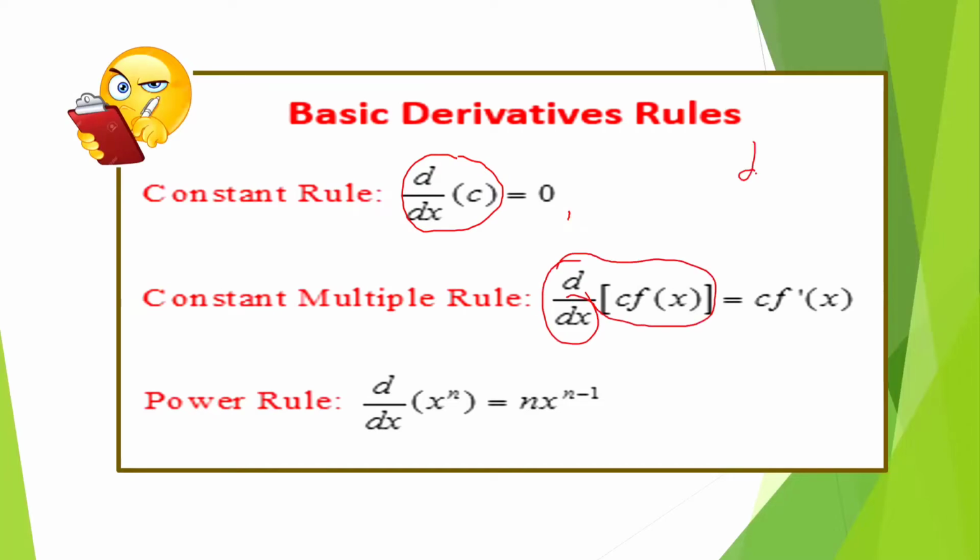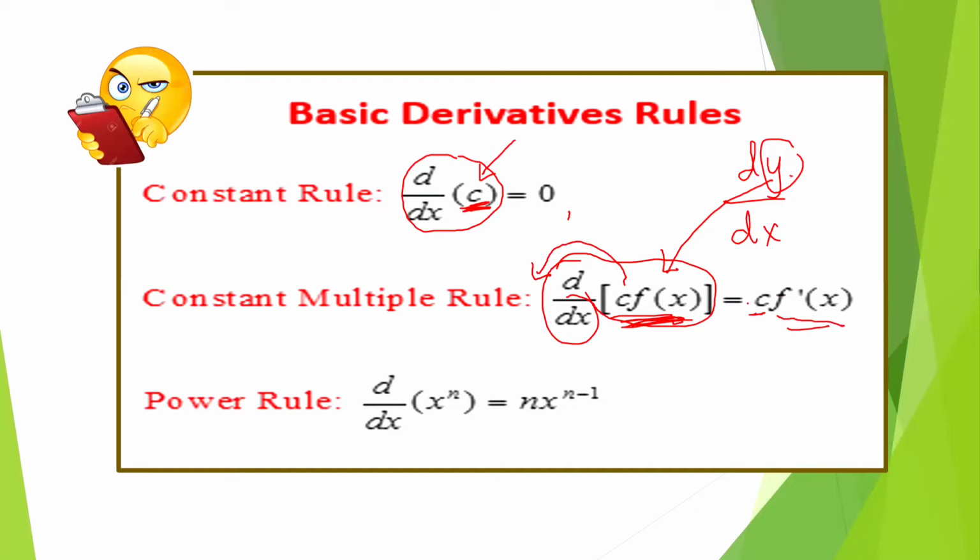Parang, di ba, instead of dy over dx, yung y natin is being written as c in this case. Tapos dito naman yung y natin is equal to c times f of x. No? So, pag kinukuha daw natin yung derivative nito, we can simply write the coefficient outside, di ba? And then differentiate the rest of the function.